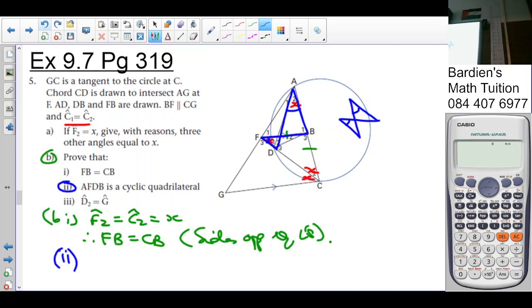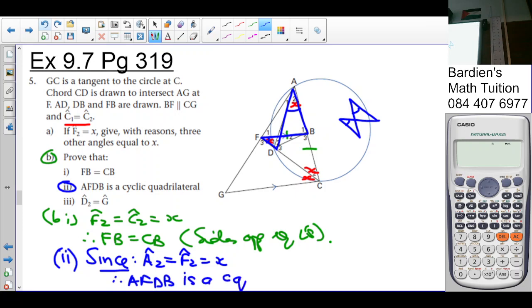Okay. So we say since, we state the obvious. Since A2 is equal to angle F2, which is equal to X, therefore AFDB is a cyclic quad.